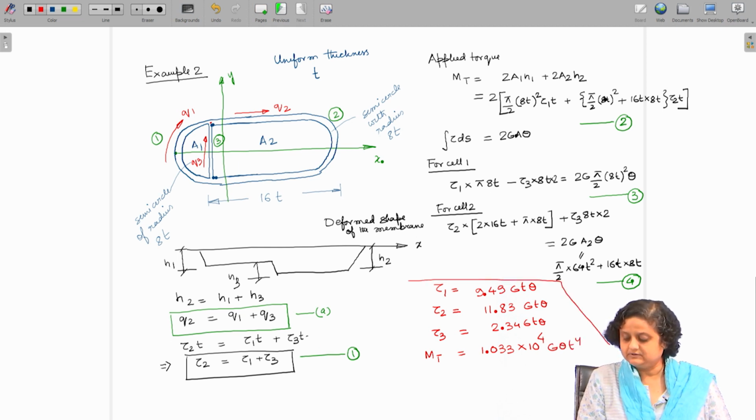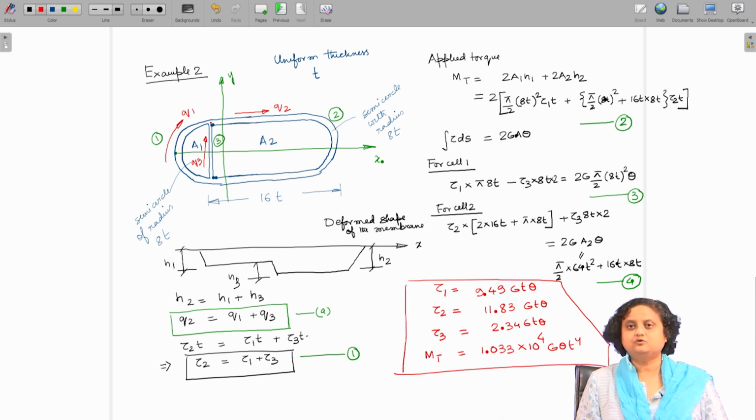So, this is the answer that you can obtain by solving the equations that we have derived. Thank you.